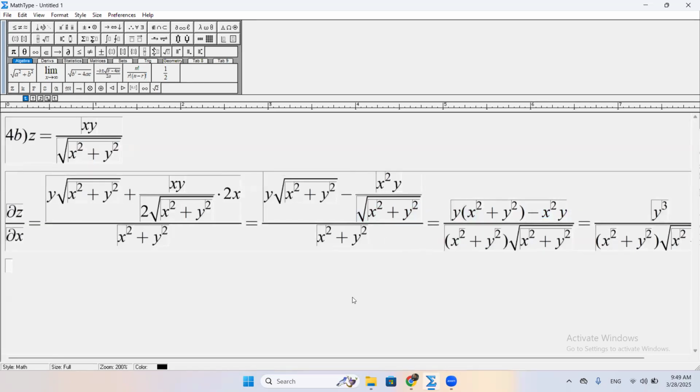And now let's find dz by dy. Again, the same with the denominator.